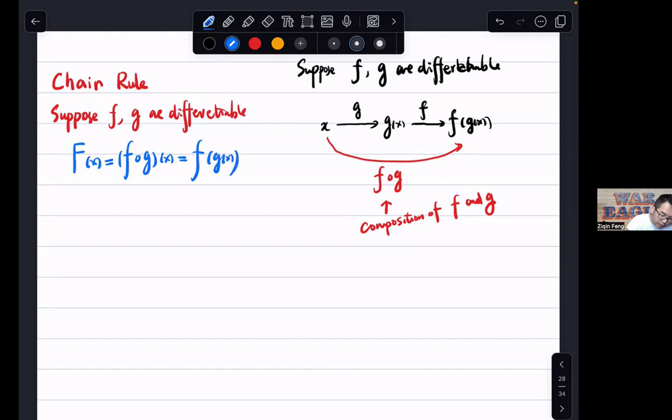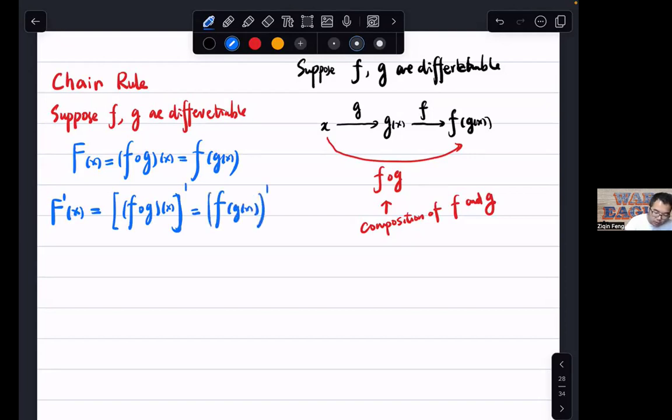We want to differentiate this function. We want to know whether the derivative exists. This is the same as f circle g of x prime, which is f of g of x prime.